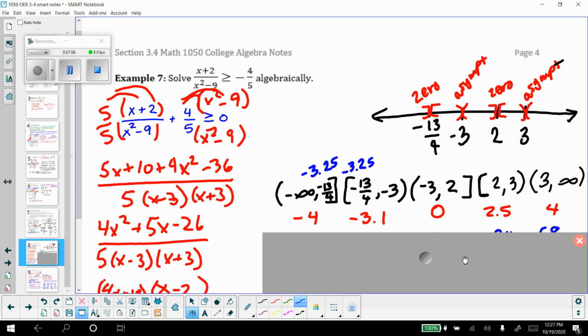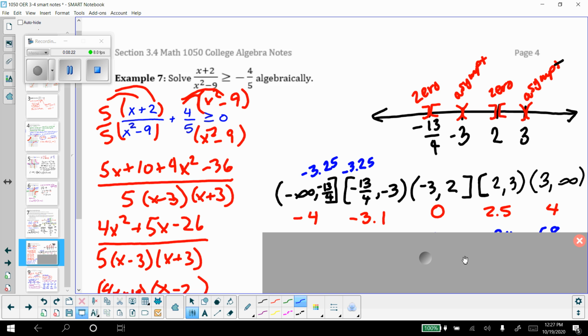Okay, so then I went through and chose a test value in each interval. Since negative 13/4 equates to negative 3.25, that helps me pick my numbers a little easier. So I chose negative 4 in this interval because it's smaller than negative 3.25.